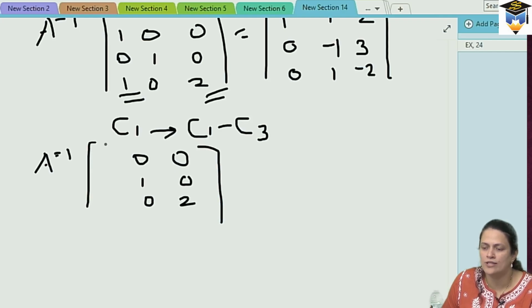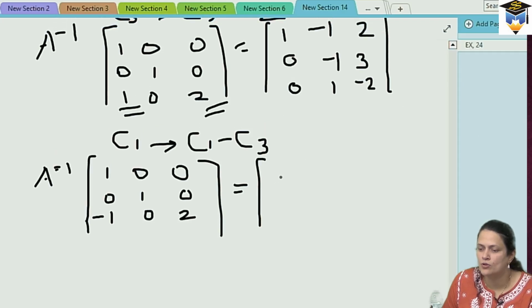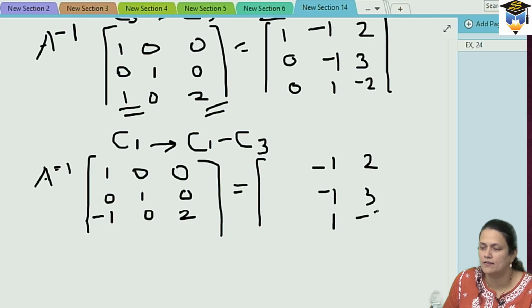C1 will change. So C1 minus C3 is 1. This is 0. This is minus 1. So basically C2 and C3 will remain as they are. C1 will change. So C1 minus C3 is minus 1, minus 3, plus 2.